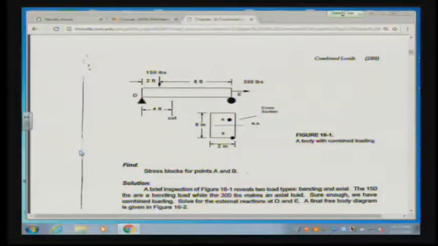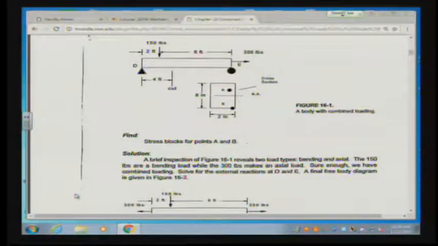The 300 pounds will produce a P over A sigma, but the 150 pounds will produce an MC over I. You can see that point A is above the neutral axis and point B is below the neutral axis. So sigma at point B from a bending load is going to be positive because it's in tension, and sigma at point A is going to be negative because it's in compression.